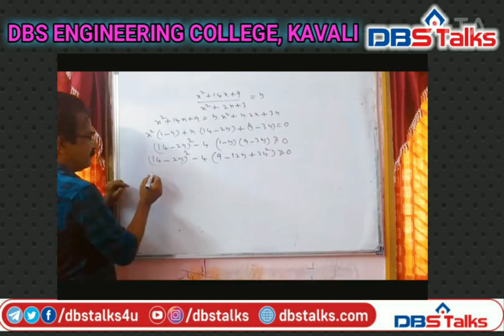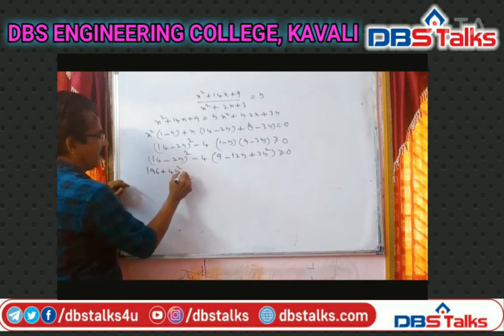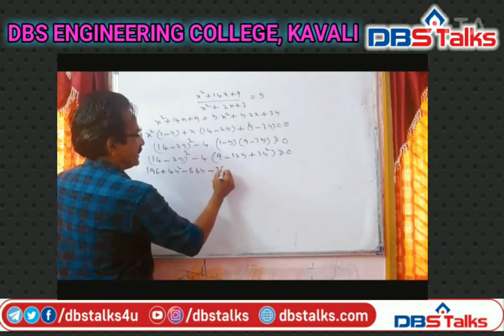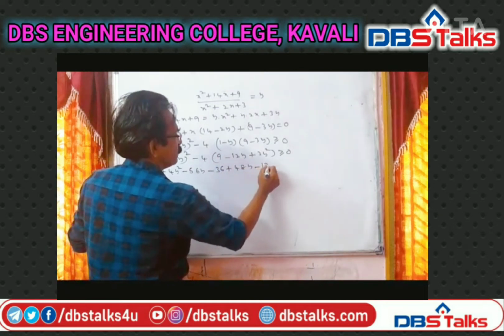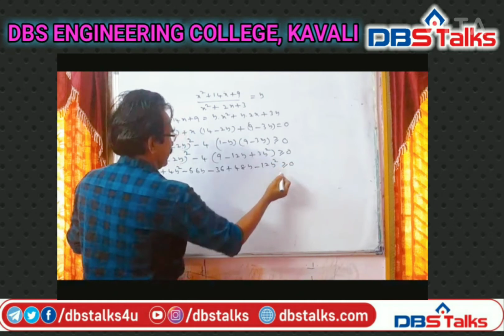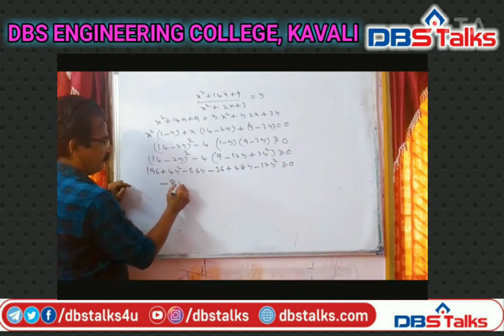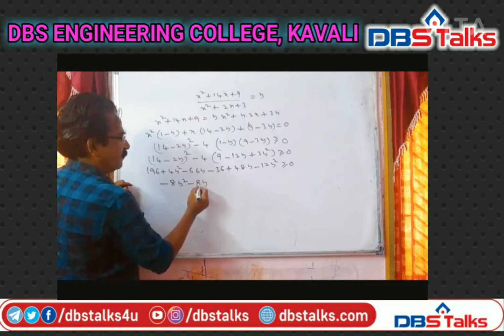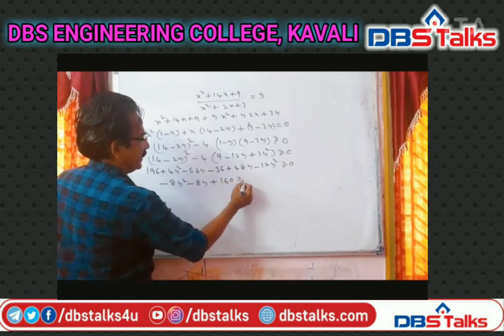So let us simplify this. 196 plus 4y^2 minus 56y minus 36 plus 48y minus 12y^2 greater than or equal to 0. It implies minus 8y^2 minus 8y plus 160 greater than or equal to 0.